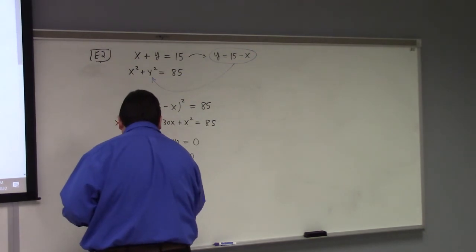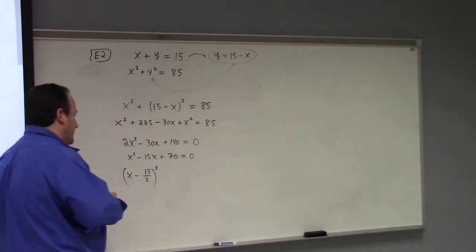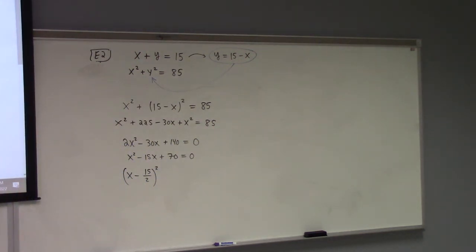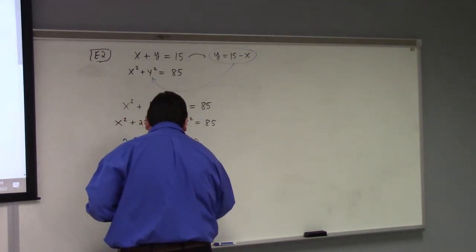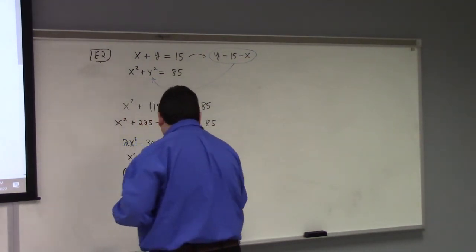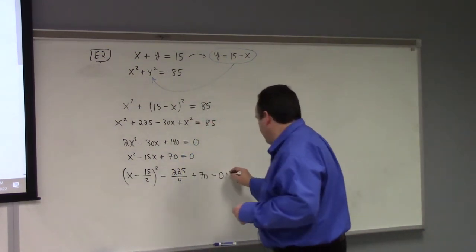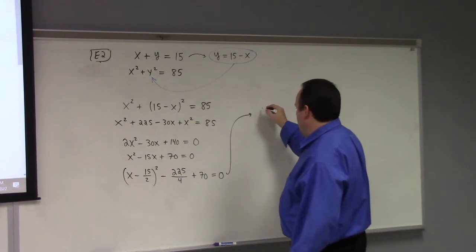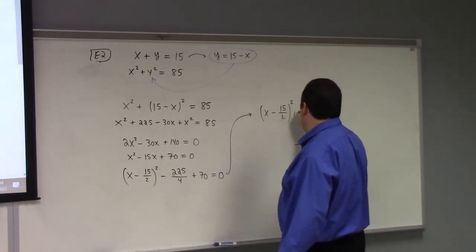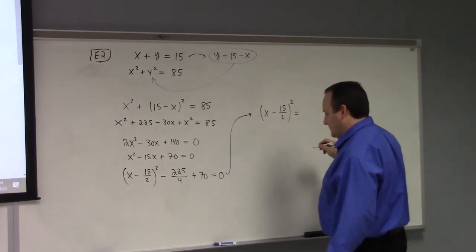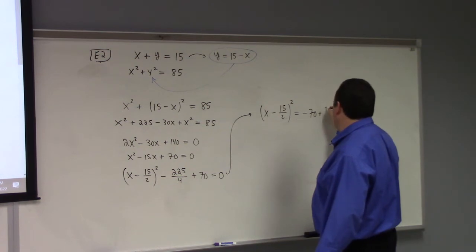All right, so x minus 15 over 2, quantity squared. But then to be fair, I have to subtract the square of 15 over 2, which is 225 over 4. And then I still have to add 70, right? So that gives me x minus 15 over 2, quantity squared, equals minus 70 plus 225 over 4.